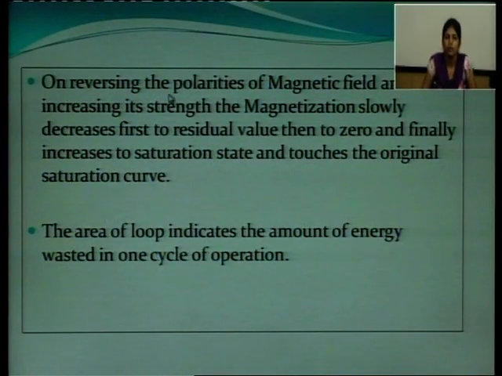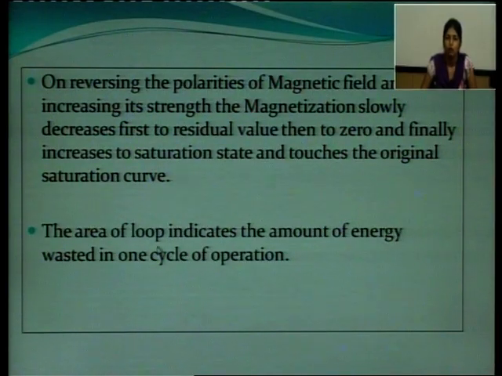On reversing the polarity of the magnetic field and increasing its strength, the magnetization slowly decreases, first to the residual value, then to 0, and finally increases to the saturation state and touches the original saturation curve.